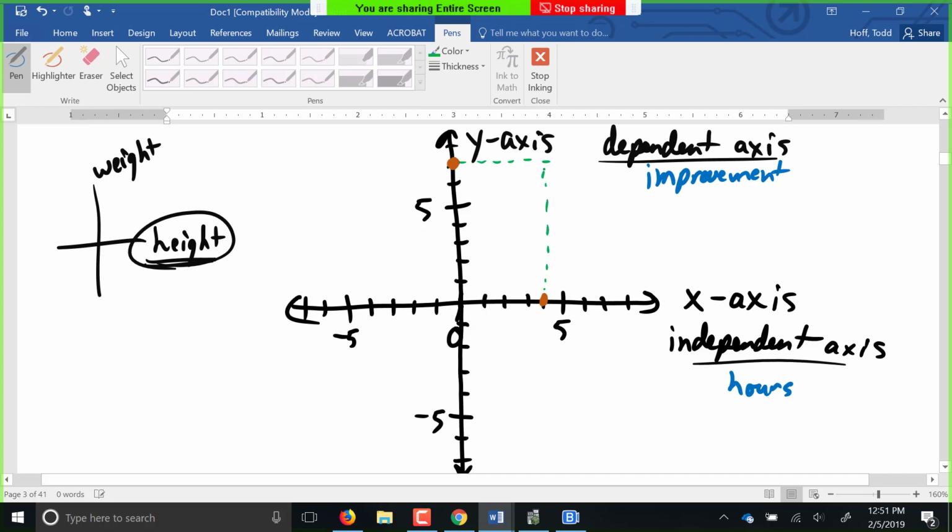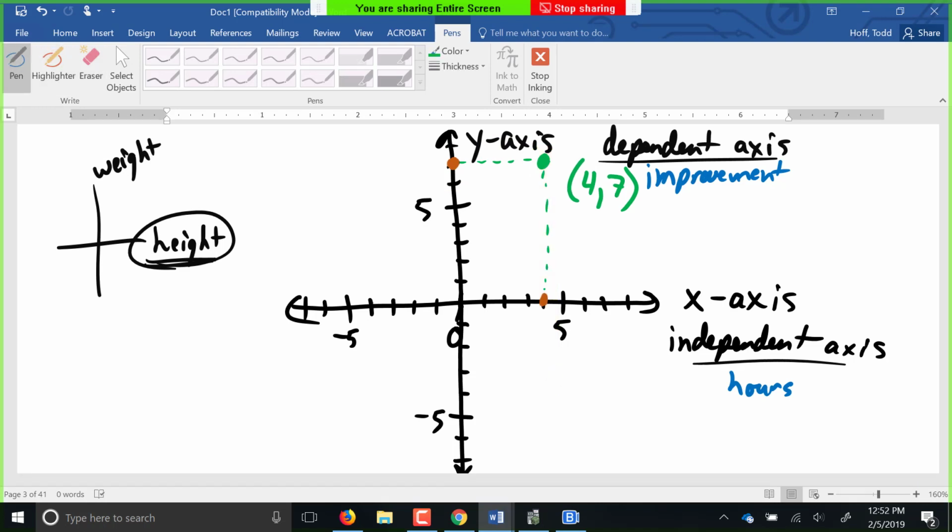We projected them out until they met. That point right there represents 4, 7. Because its shadow falls on 4 on that x-axis or independent axis, and it falls on 7 on that y-axis, the vertical axis.